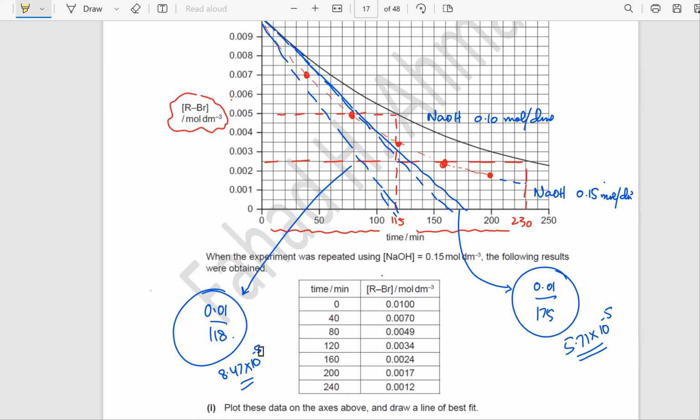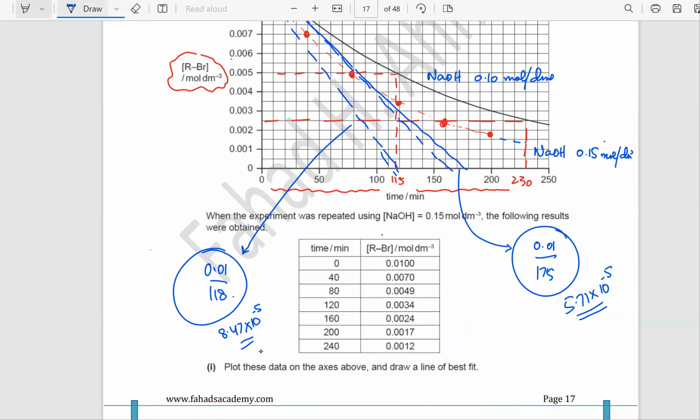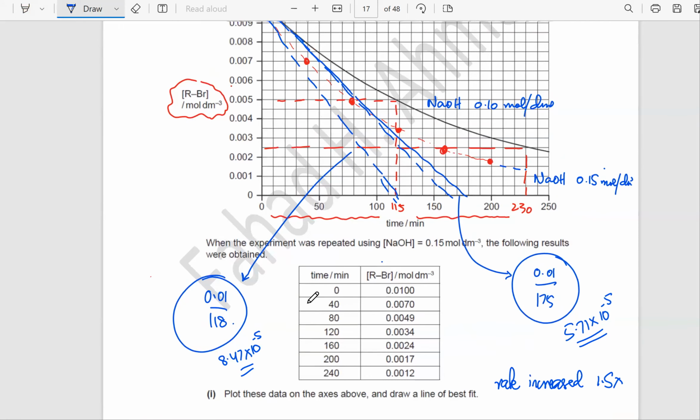Approximately 1.5 times. ठीक है, approximately rate increased 1.5 times, right? इसको इससे divide किया तो we found out कि भाई the factor by which the rate is changing, that's 1.5 times. तो NaOH की concentration कितने times increase की थी? That was exactly 1.5 times as well.